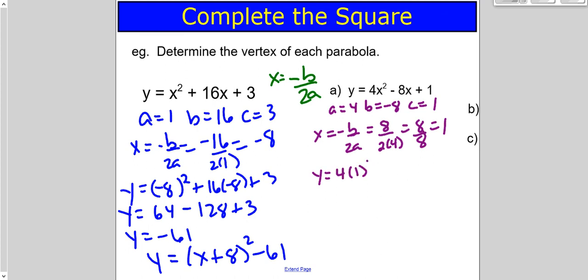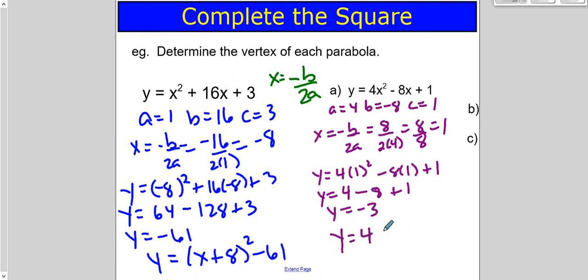Wherever there is an x, I'm going to put a 1. 1 squared is 1 times 4, which is 4, minus 8 plus 1, which is going to give me 4 minus 8 is negative 4 plus 1, which is negative 3. And my equation becomes 4, because that's my a value. My x is 1, so when it goes back in, it becomes a negative 1, and then minus 3.